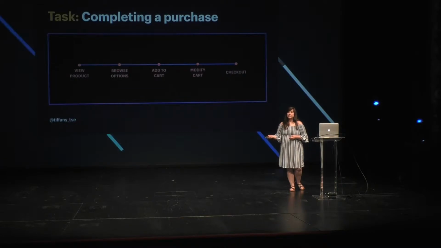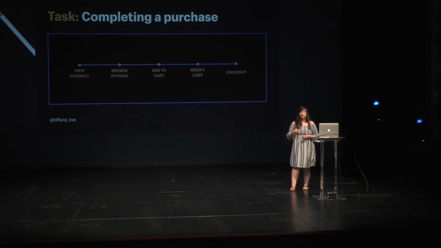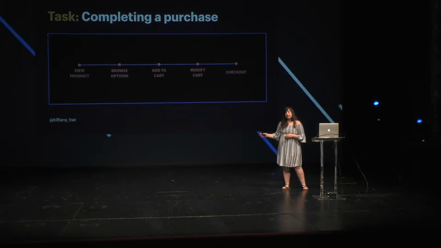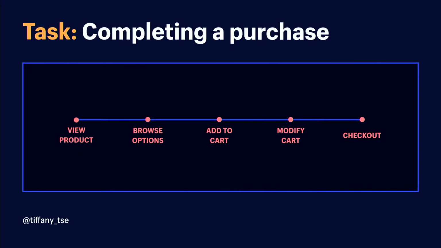So our team started thinking about auditing not pages, but tasks. What are the tasks an online shopper is trying to complete, and what are the steps along the way? Completing a purchase, for example, has a number of steps. I've already covered one, when viewing products, not relying on color alone.